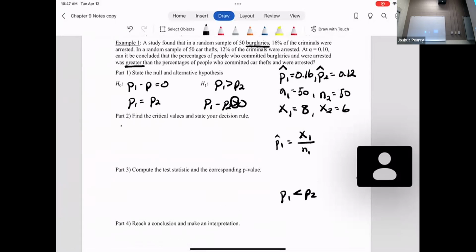To find that, you look at the probability of getting a z-score greater than the critical value, since it's a right-tailed test. So you have a positive z alpha, and this area is equal to alpha, which is 0.1.